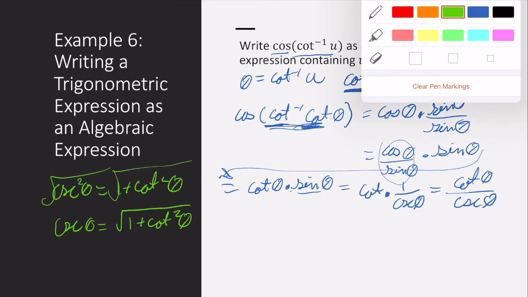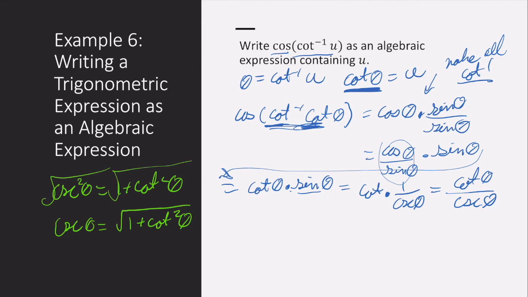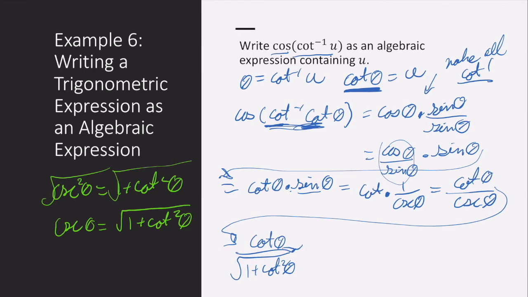So now this turns into cotangent theta over the square root of 1 plus cotangent squared theta. And then I can substitute u back in. So I'd be left lastly with u over the square root of 1 plus u squared.